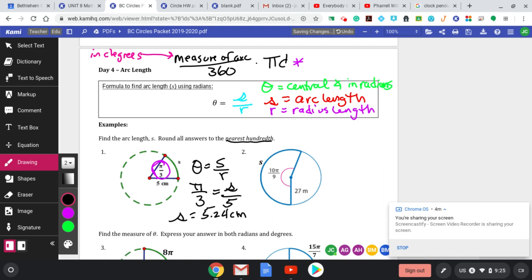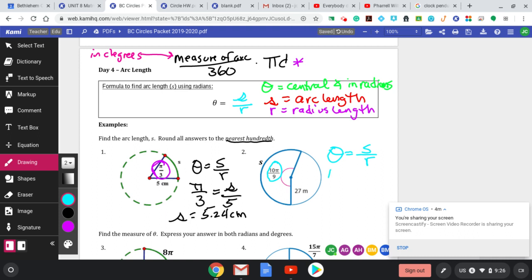All right, let's go on to number 2. Find arc length S. All right, again, look at the central angle. 10 pi over 9. Is that radians or is that degrees? That's radians. So I can use theta equals S over R. What's my central angle?